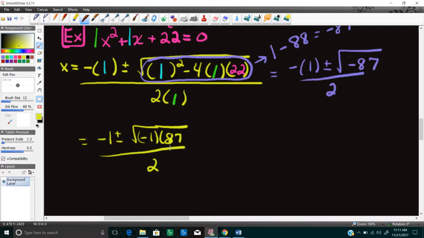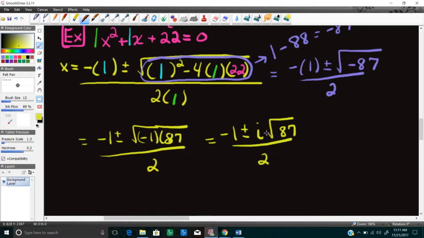That tells me this one is actually going to have an i, which stands for an imaginary number. So once again, negative 1 plus or minus i, and then the square root of 87 over 2.